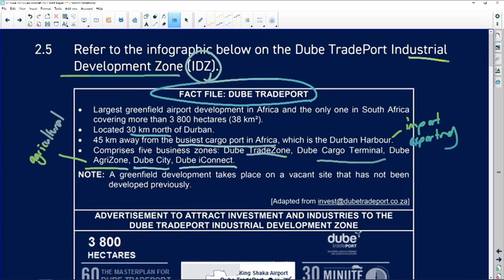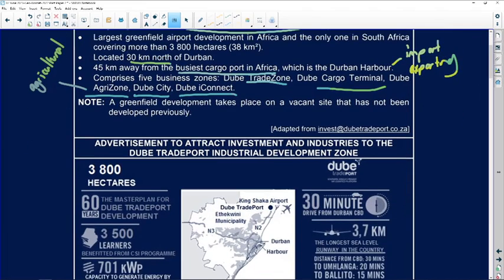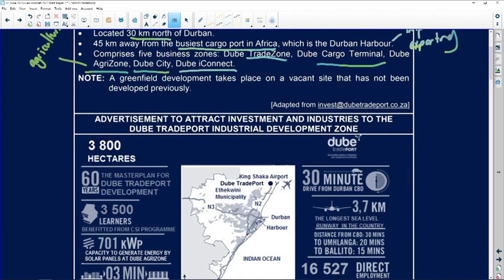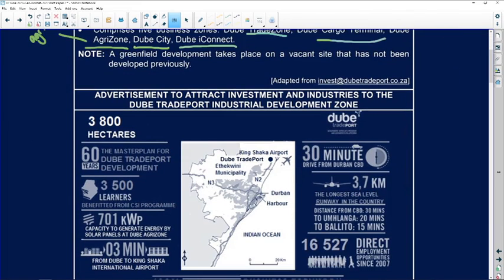We've got retail areas in that Dube City. Now, over here, as you can see, just an advertisement to attract investment. You know, it's to get more customers. As you can see, it's only a 30-minute drive from Durban CBD, very close to Umhlanga and Ballito.